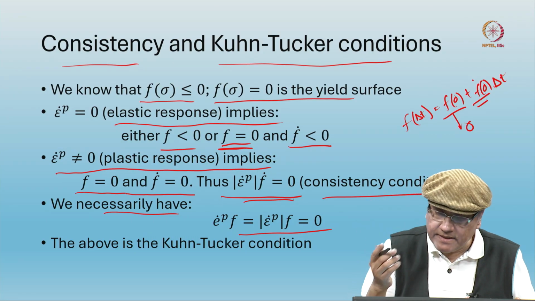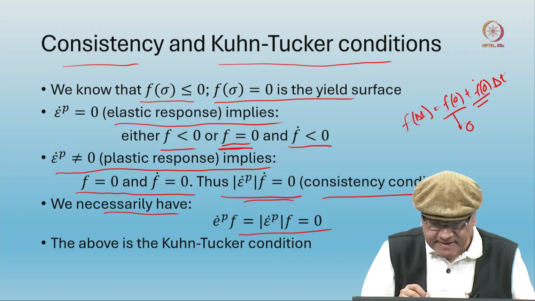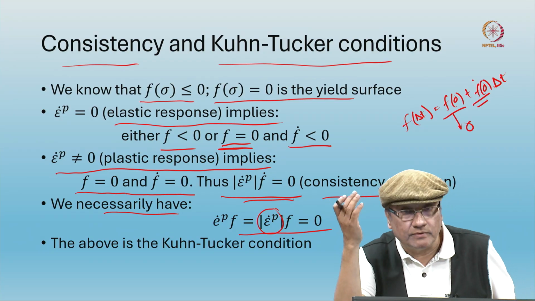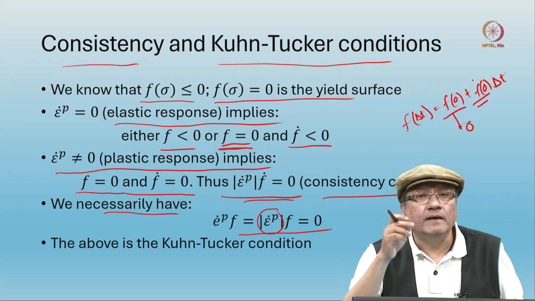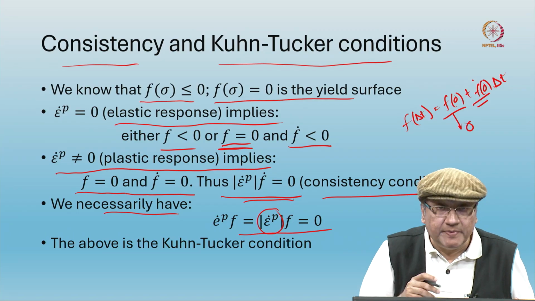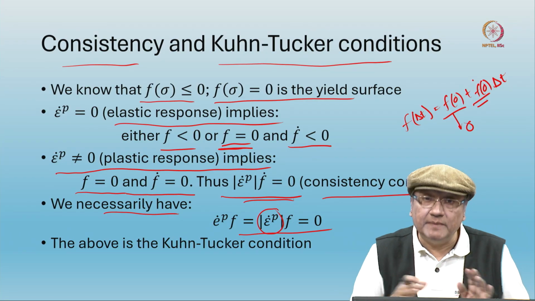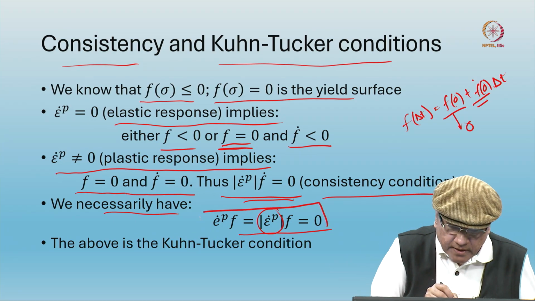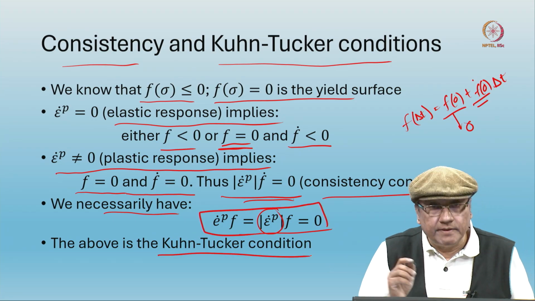If it is elastic response, then f is less than 0, which is not equal to 0, but epsilon p dot is 0, so its multiplication with f is always 0 in the elastic case. In the plastic case, f equal to 0, but epsilon p dot is not equal to 0, but multiplying the two we get again 0. So, this is called the Kuhn-Tucker condition.